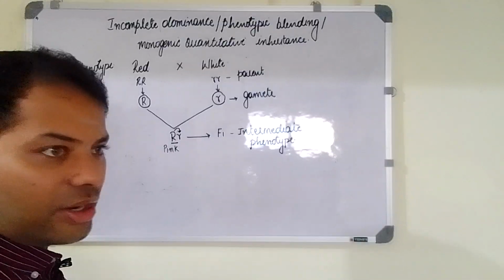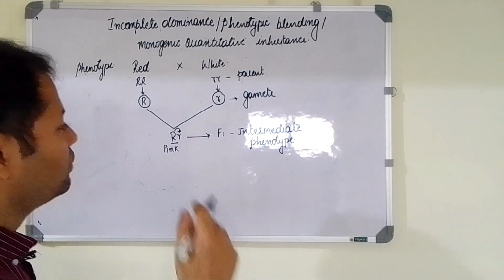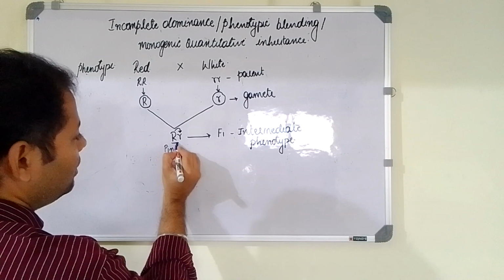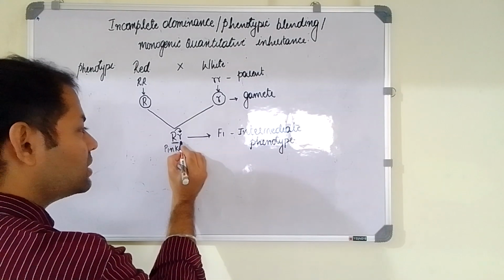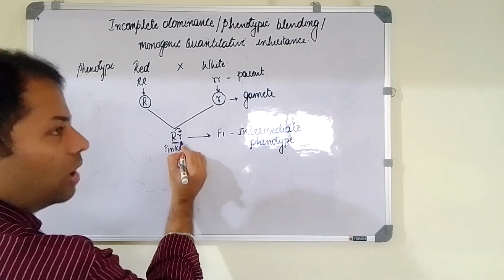To understand it, according to the statements of the NCERT, this dominant allele, which is capital R, is not completely suppressing the expression of what? The small r.